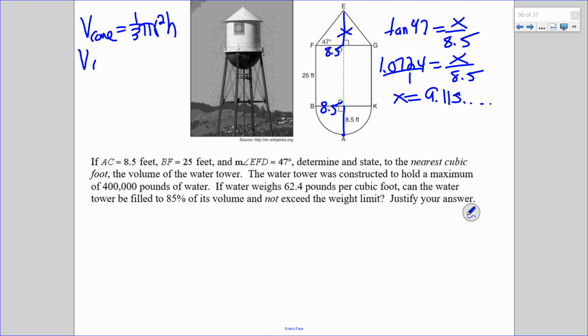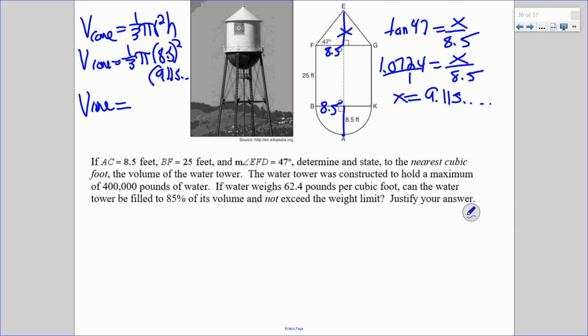So to find the volume of the cone, it's 1/3 pi. The radius is 8.5 squared times 9.115. I type that into the calculator. I'm just going to reuse the answer I have in there already. I'm not going to retype that 9 point whatever. 1/3 pi, 8.5 squared.